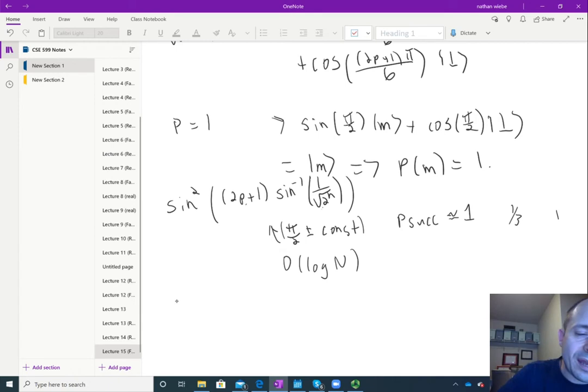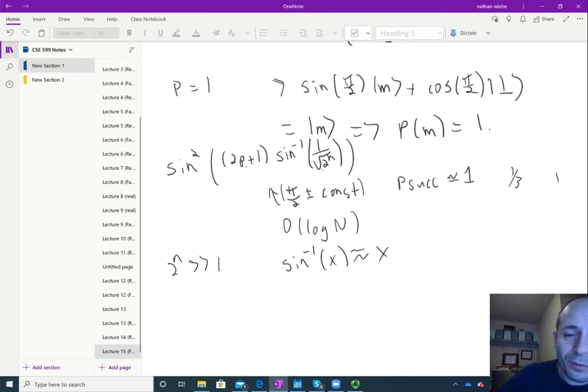If 2 to the n is much, much bigger than 1, we can end up using the approximation that arcsine of x is about x for small inputs. So therefore, this is about sine squared of 2p plus 1 over root 2 to the n.